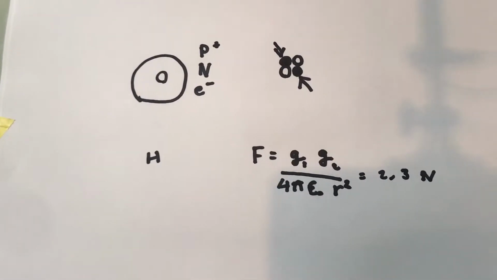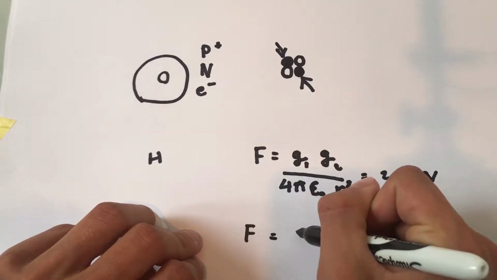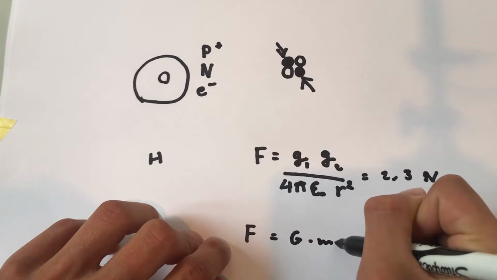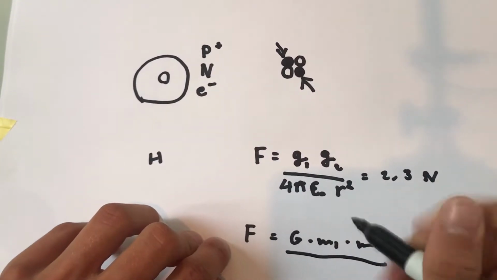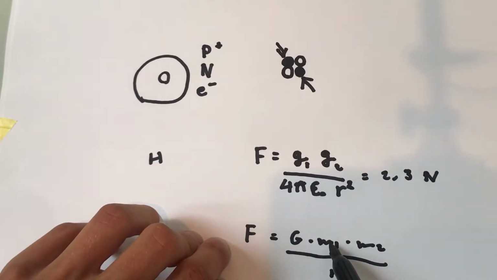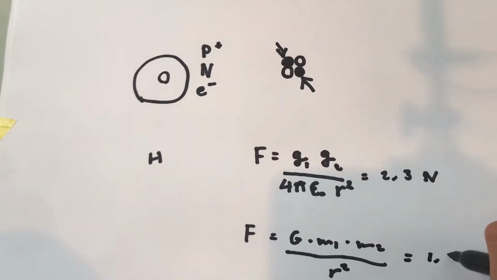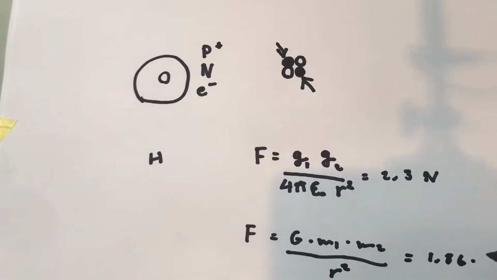It may be the gravitational force, which is the gravitational constant G multiplied by m1 multiplied by m2 over r squared, where r is yet again the distance between the centers of mass 1 and mass 2. And this gives you a very small number, 1.86 times 10 to the minus 36.